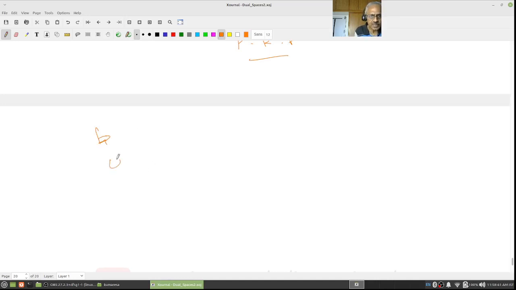What did I assume? My phi is C0 L0 plus Ck Lk identically 0. This is taking place in Pn star, right?